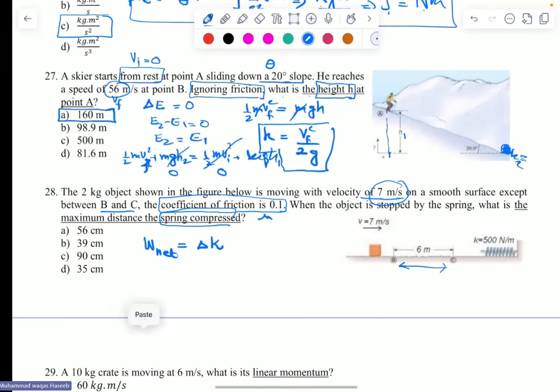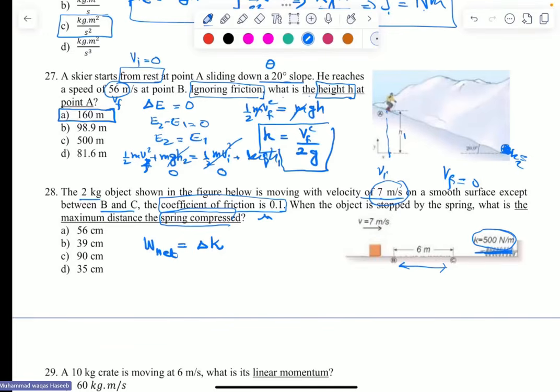The 2 kilogram object is moving with the initial velocity vi, and if it stops, its vf goes to 0. This is the elastic potential energy, the energy stored in terms of the work done.